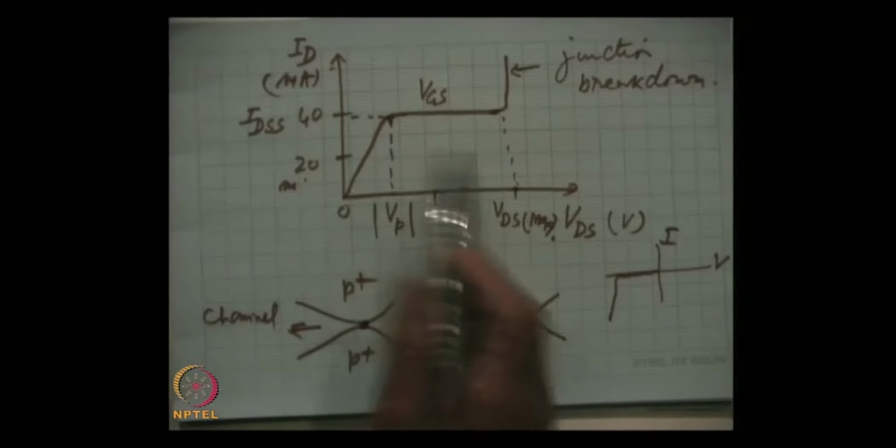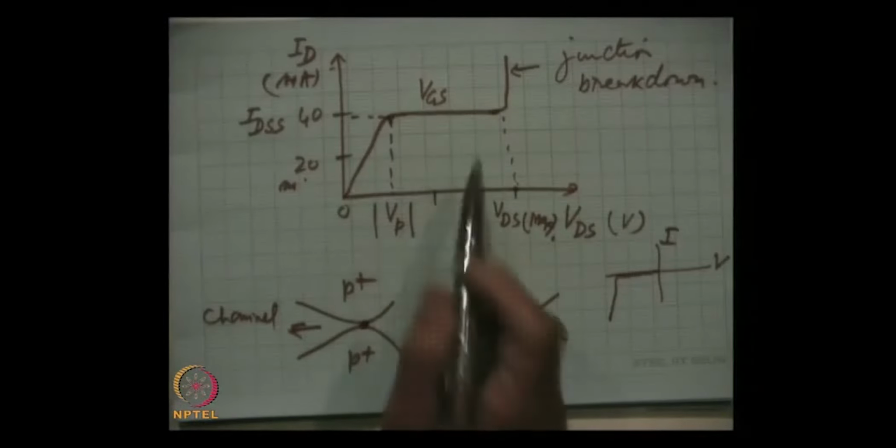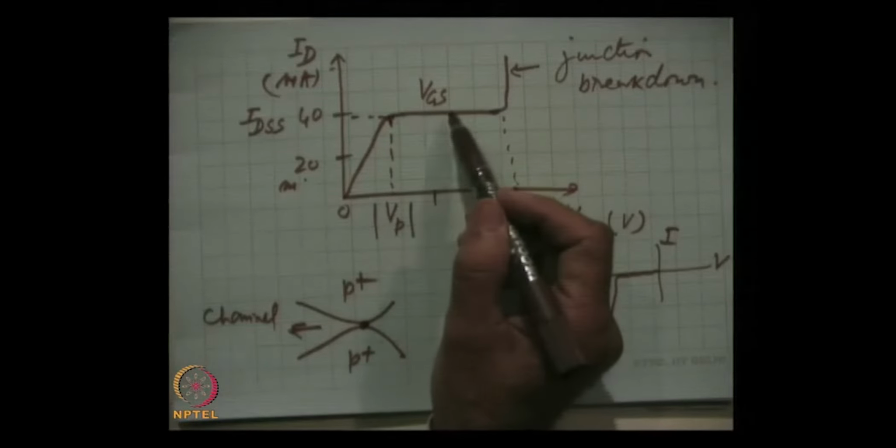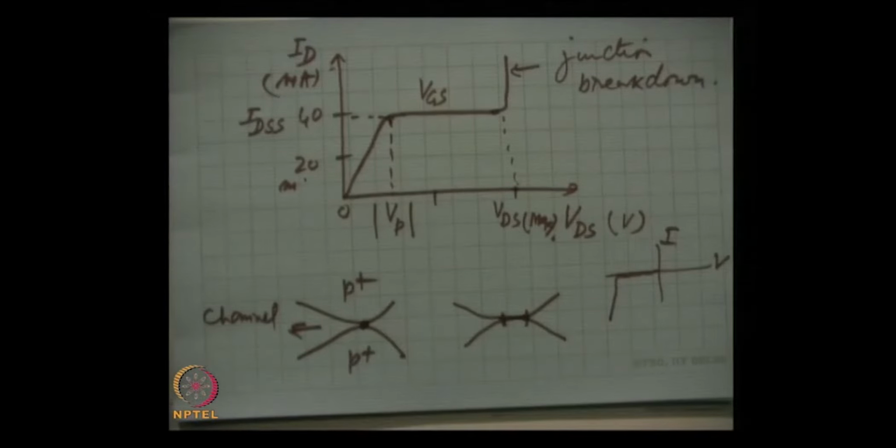What we have drawn, these are known as drain characteristics of a field effect transistor, drain characteristics. We get plots when we change the gate voltage from 0 to more and more negative.